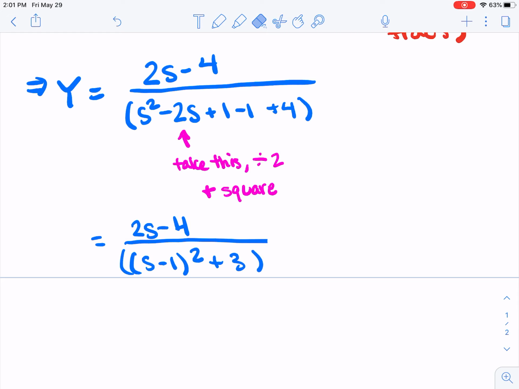That s squared minus 2s plus 1 is s minus 1 quantity squared. And then we're left over with the 4 and the minus 1, which is a 3.